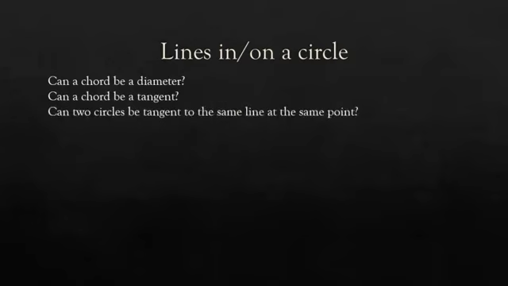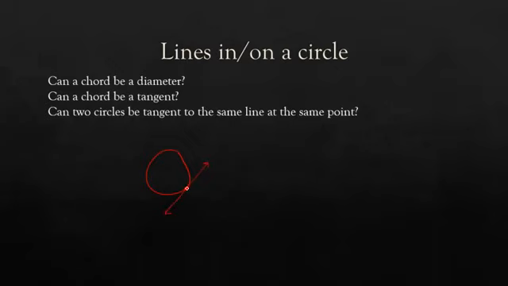Can two circles be tangent to the same line at the same point? Let's see if we can draw that. Here's one circle, and I'm going to make its tangent right here. And it intersects at this point.